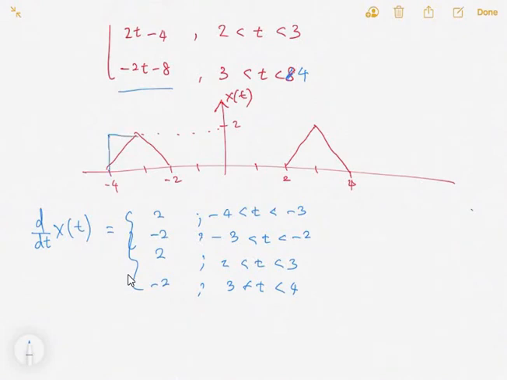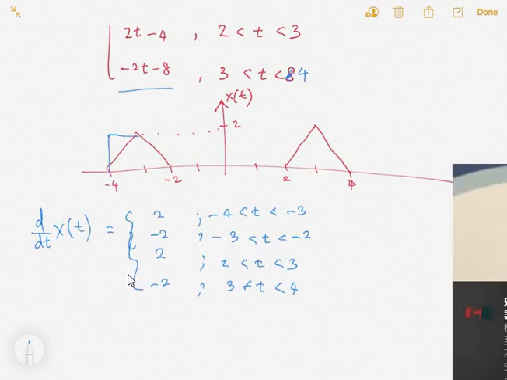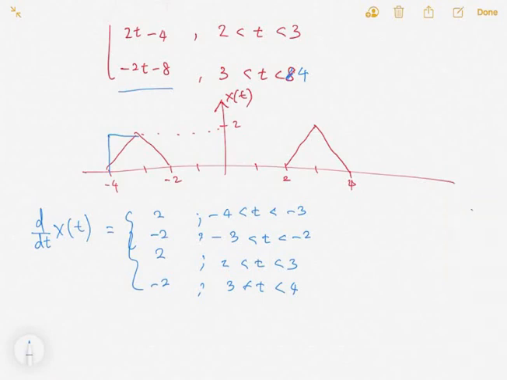From negative 4 to negative 3, I will have plus 2, and from negative 3 to negative 2, I will have negative 2, and from 2 to 3, I will have plus 2, and from 3 to 4, I have negative 2.